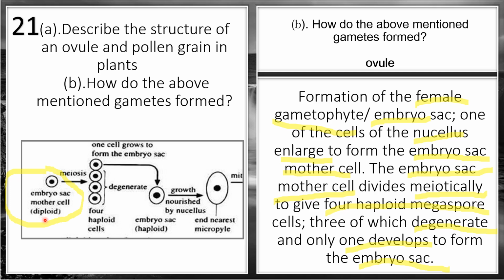The megaspore cells that are formed are haploid and 4 in number. Of these 4, only 1 develops to form the embryo sac. And what happens to the 3? They degenerate. The 3 megaspore cells degenerate. Only 1 cell grows to form the embryo sac.